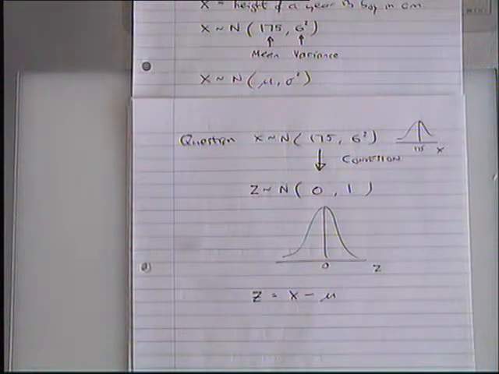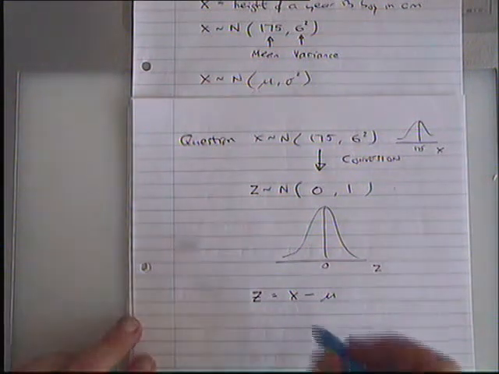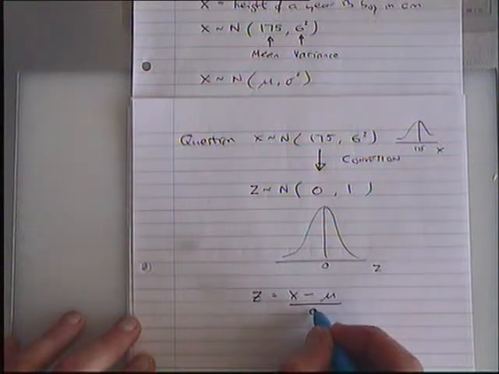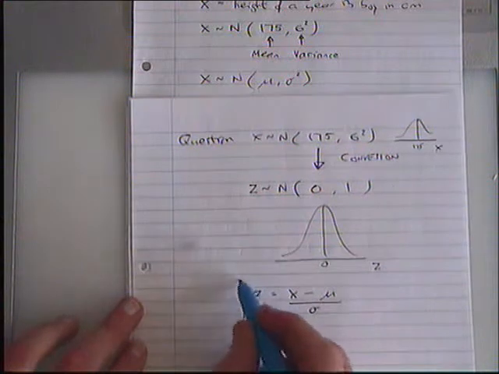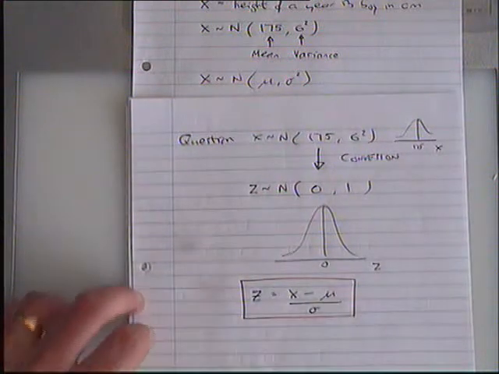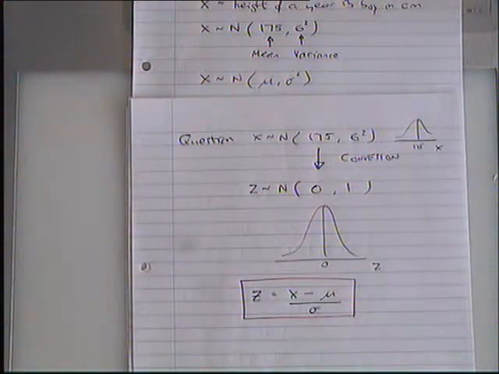The next bit, the standard deviation bit, this fixes its shape to be consistently wide or narrow, if that makes sense. Then we divide by sigma. And that is your next red box rule. Z is x minus mu over sigma.